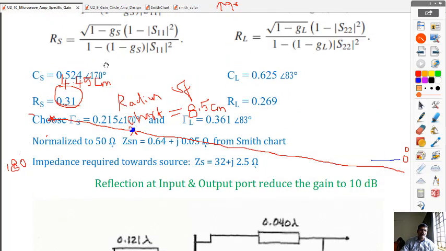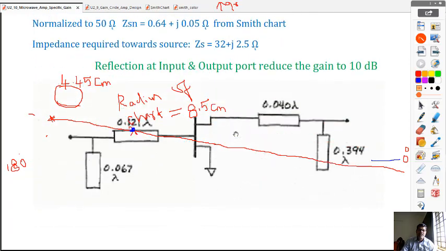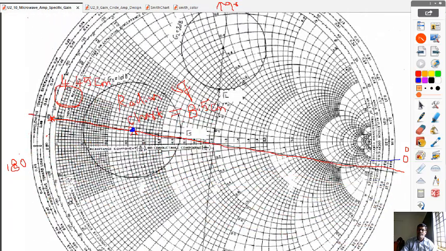Similarly, next we have to compute the radius. For the radius computation, the radius value is 0.31. So this 0.31 multiplied with 8.5 centimeter, which gives 2.63 centimeter. Now using a compass, you draw a circle with a radius of 2.6 centimeter.